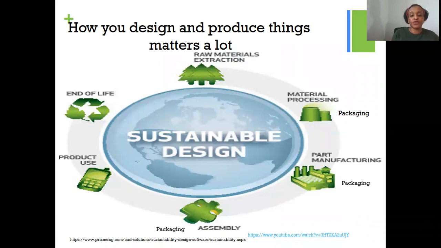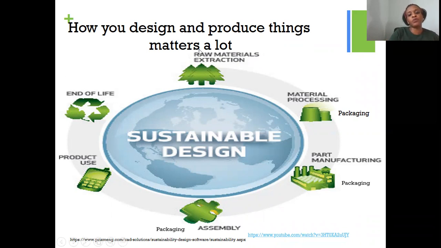And we looked at the different models of sustainability. So now we will look into the sustainability design process, or what we call the cradle to grave cycle of a product. You need to consider sustainability at each of the stages.